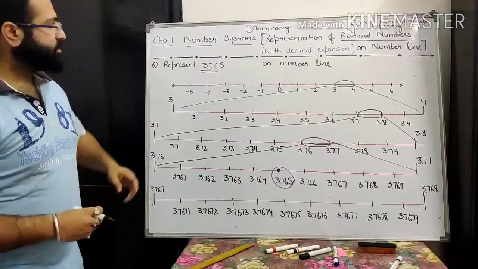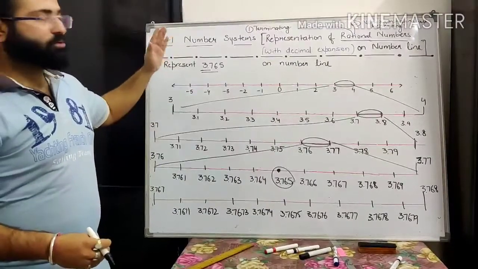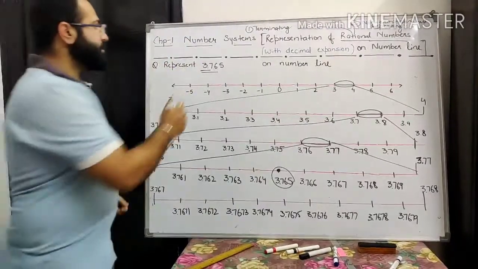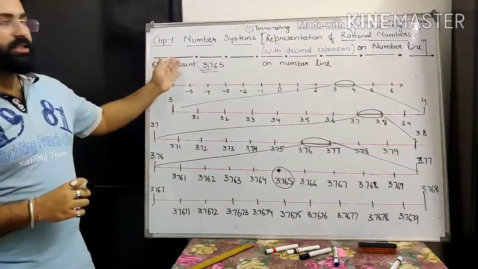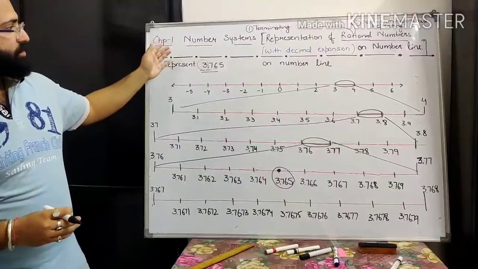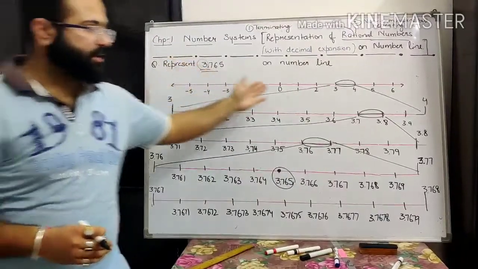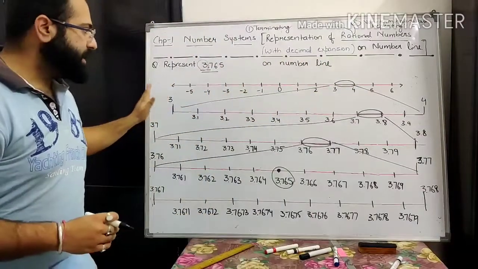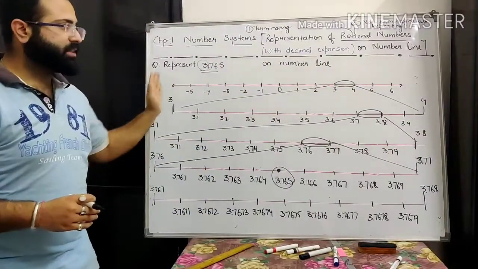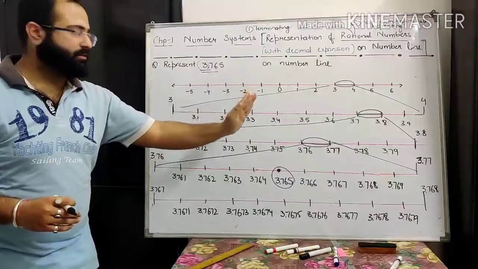So in this, what we were supposed to do, we look for the integral value between which this decimal expansion lies. So this 3.765 lies between 3 and 4. So we'll magnify that region and divide the divisions between 3 and 4 into 10 equal divisions.